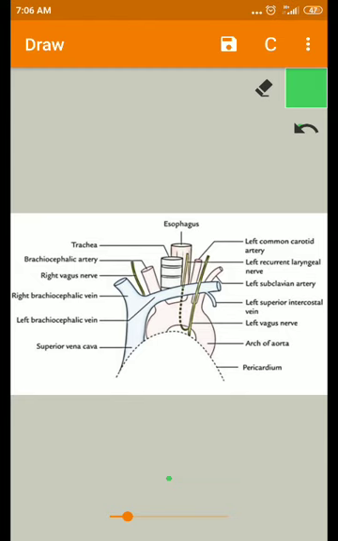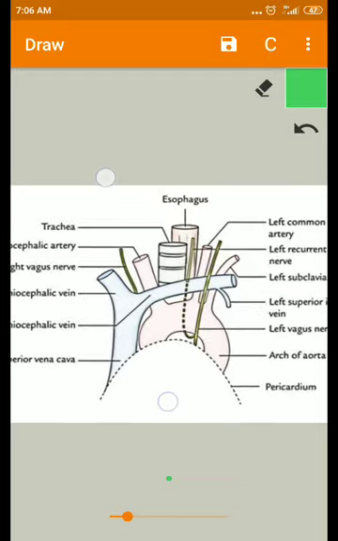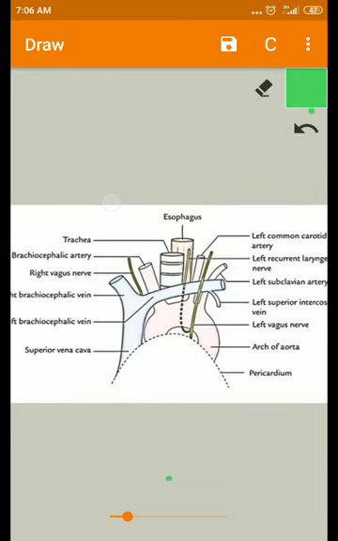Coming to the nerves related to this region: one is the left vagus nerve and the left recurrent laryngeal nerve. This is also a branch of the left vagus nerve, a recurrent branch, so it moves upwards.